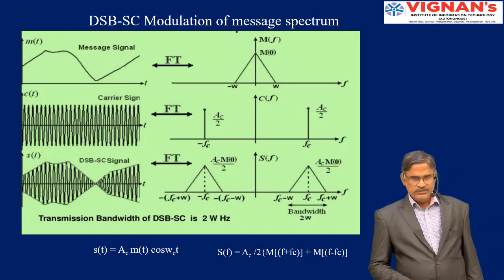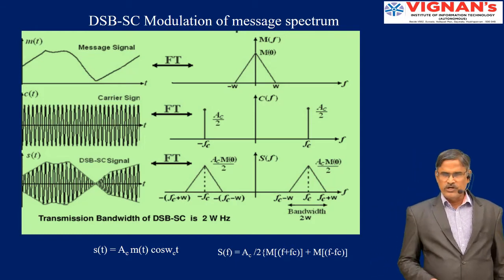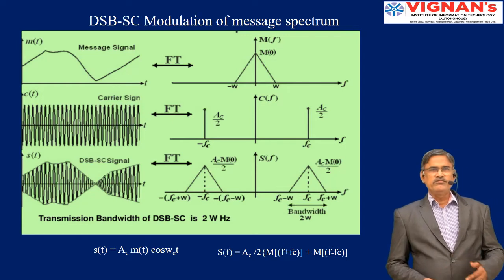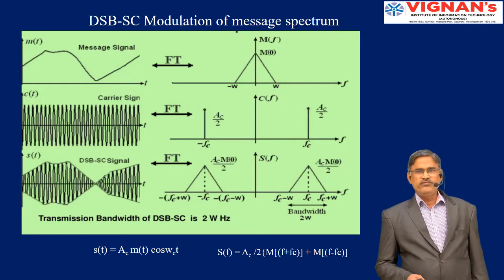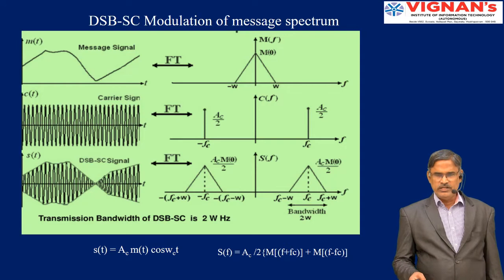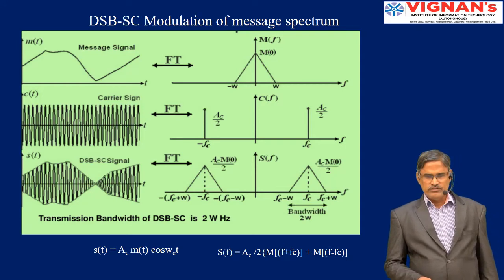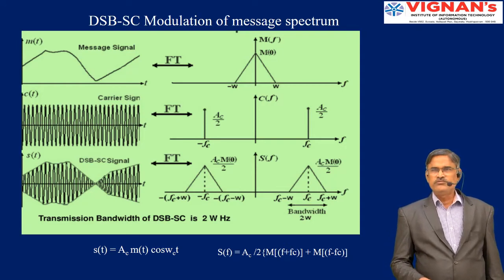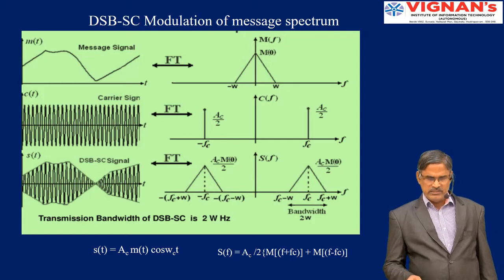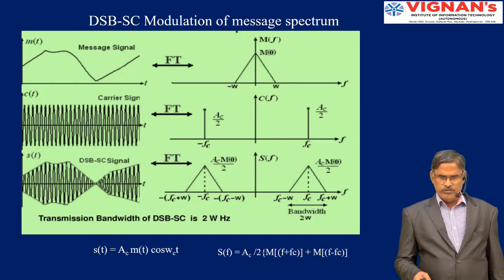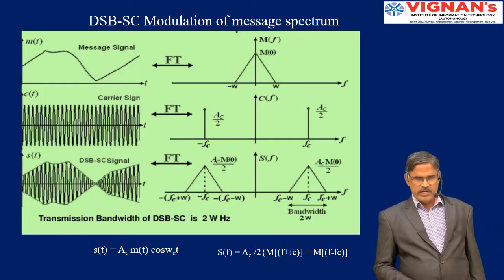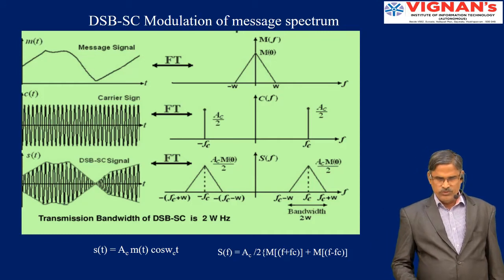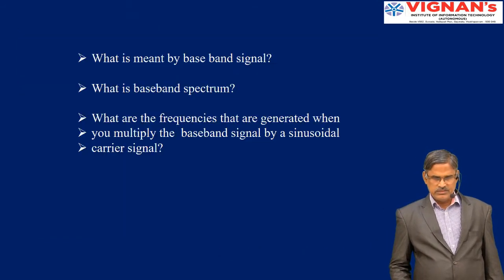And you should know the bandwidth of the modulated signal. The bandwidth is the difference between the highest frequency and the lowest frequency of the modulated signal. That is Fc plus W minus Fc minus W, which becomes 2W. So the bandwidth of the modulated signal is 2W hertz.